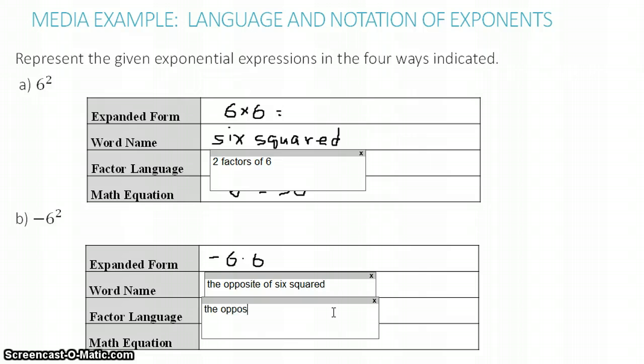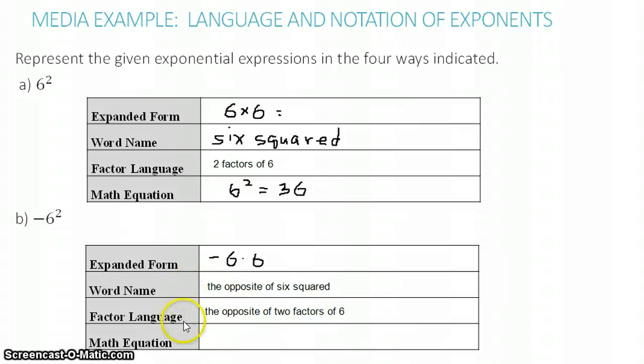The opposite of 2 factors of 6. And now let's look at our math equation. Well, using our expanded form, write negative 6 times 6. So the opposite of 2 factors of 6 is the opposite of 6 times 6, which is negative 36.